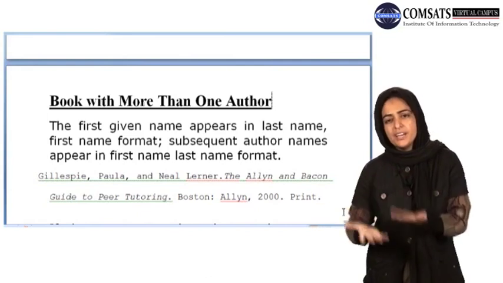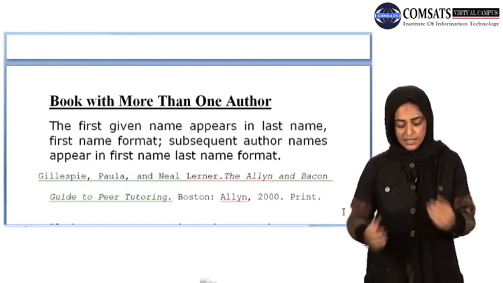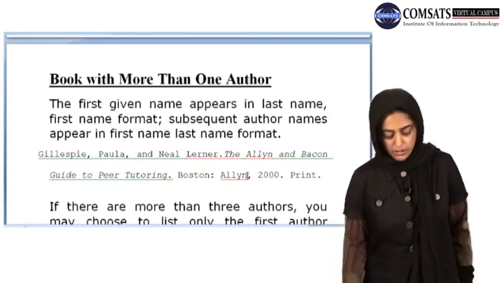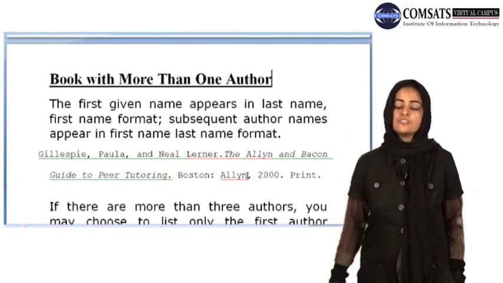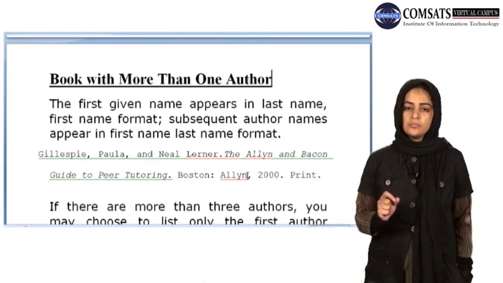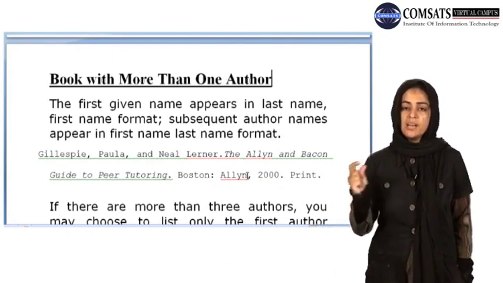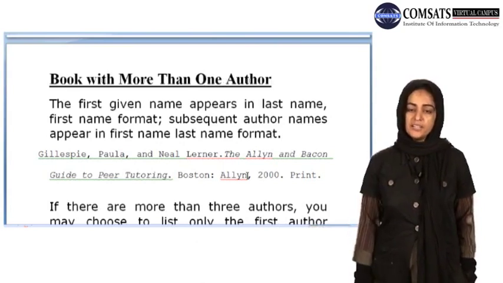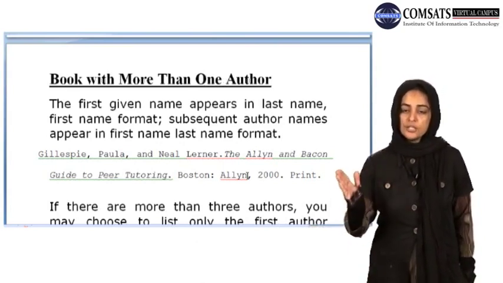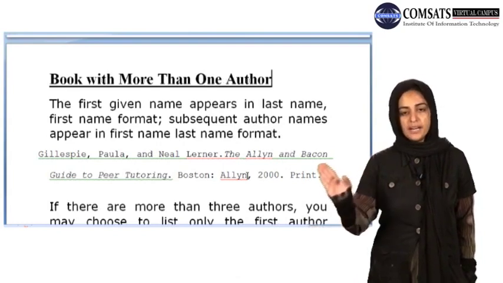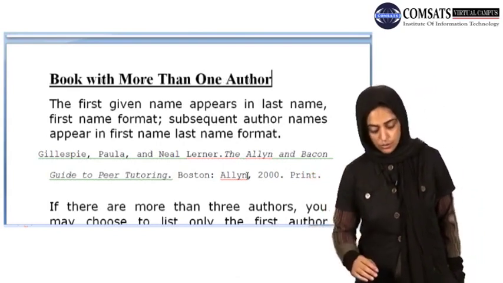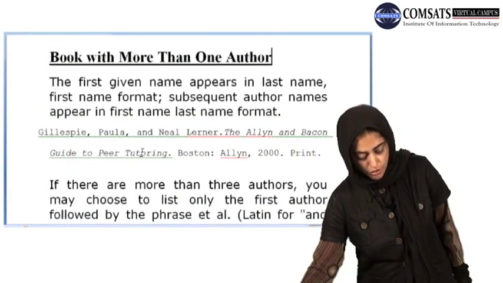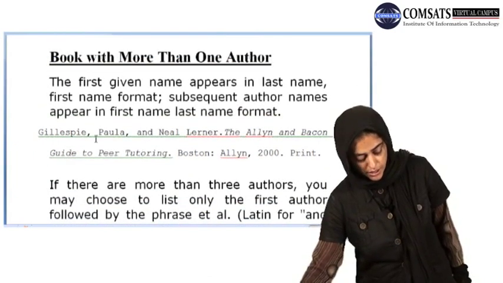But what way to write it in the reference? Let us have a look. For the first writer, dear students, you will follow the same last name, first name format. But for the subsequent writers, you will follow the first name and last name style. Kindly have a look on this screen while you are creating the reference for a book with more than one author.